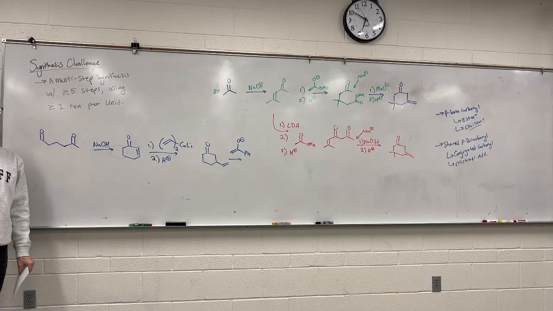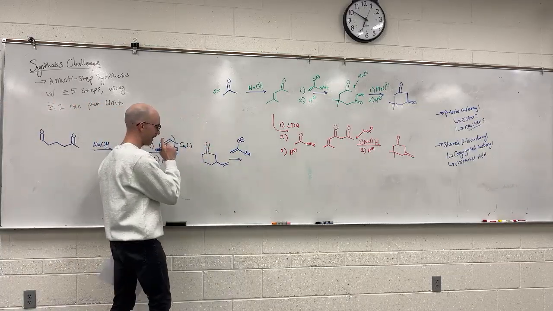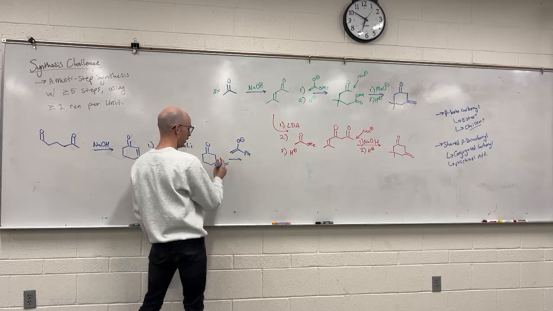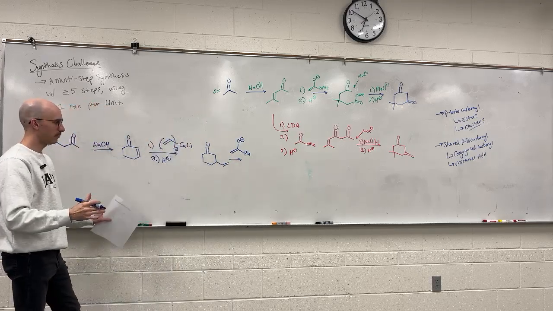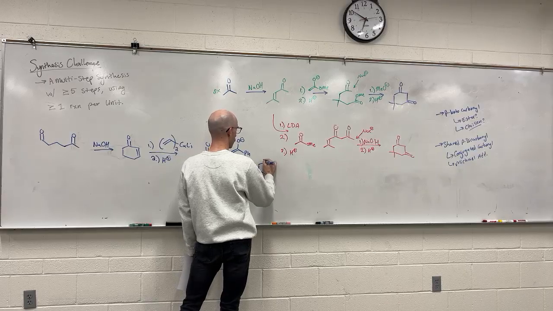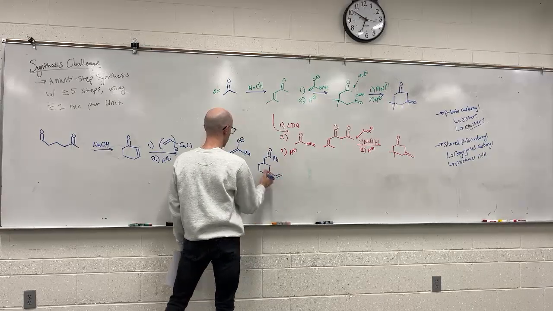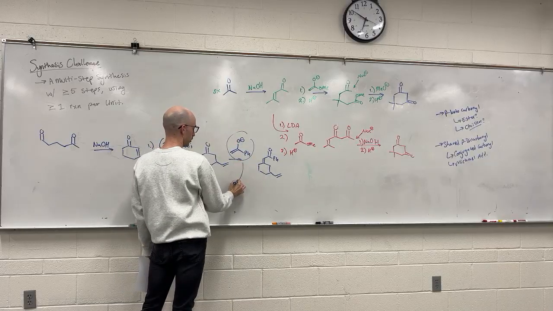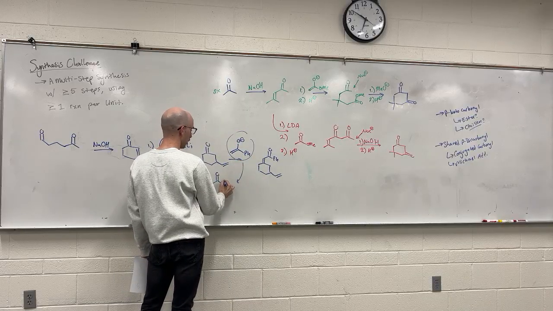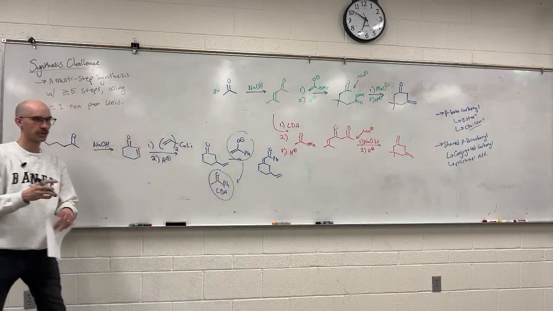And then I can do another Michael addition and another aldol condensation and another Michael addition and another, and that would maybe require some extra base to see it run through. Another way that you can report this, again, is you can say, I want the ketone with LDA. Those are saying the same thing.